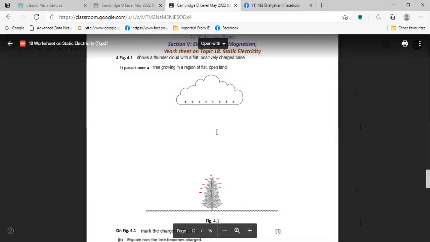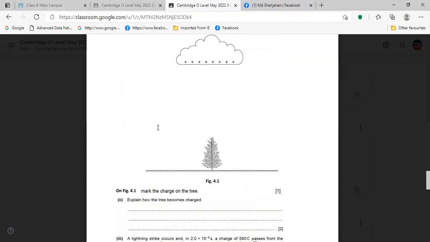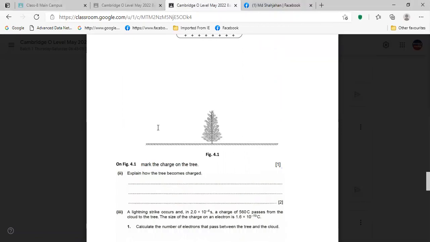No, I have to find it from my table. Oh, that's the reason. Okay, so you read here. What's written here? Can you read? Number two, explain how the tree becomes charged.